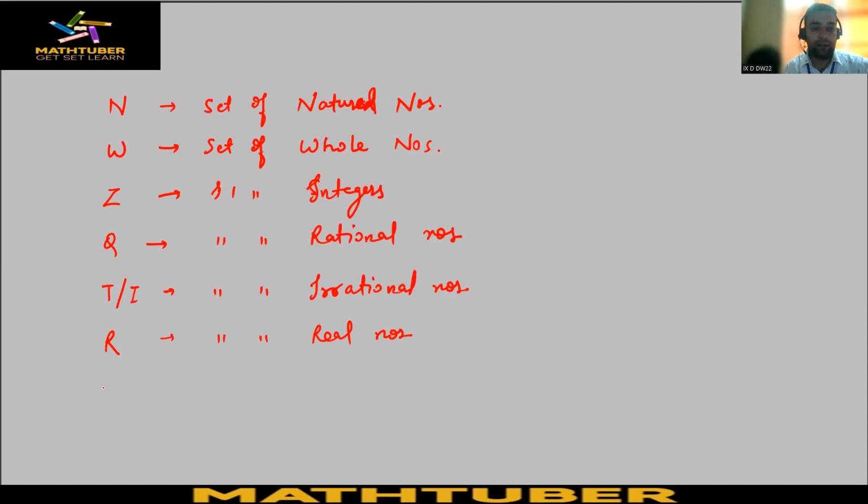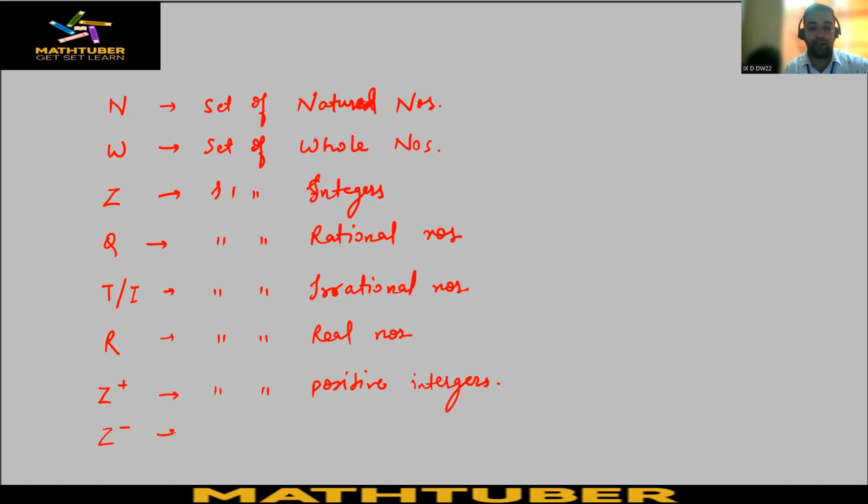And if it is written that this one Z positive in the superscript, then it means that set of positive integers. Similarly, we can write it for R positive, which means positive real numbers, or Q positive or Q negative.